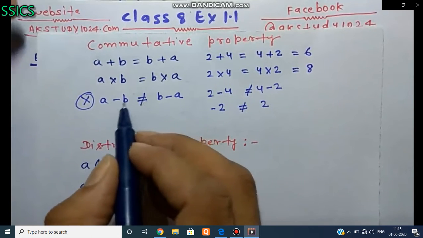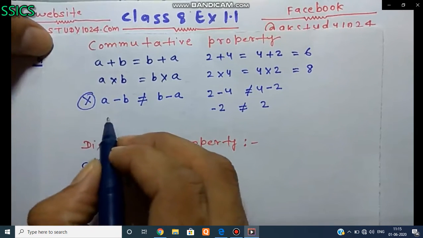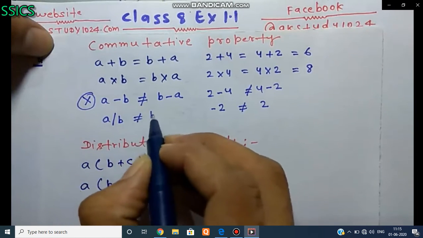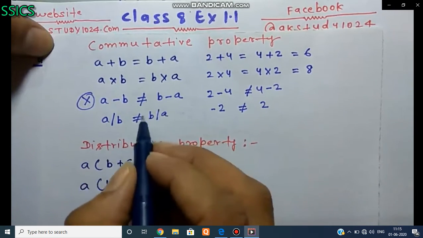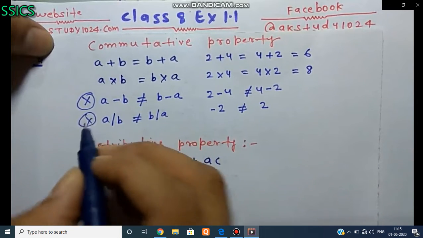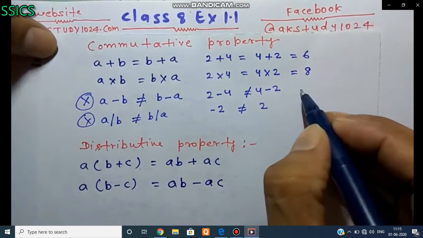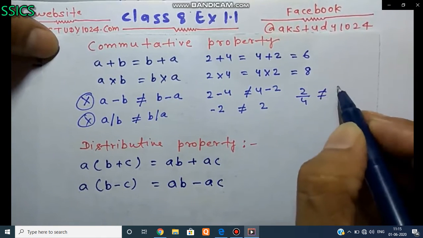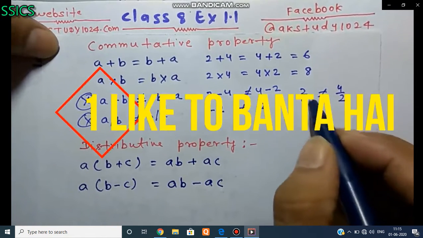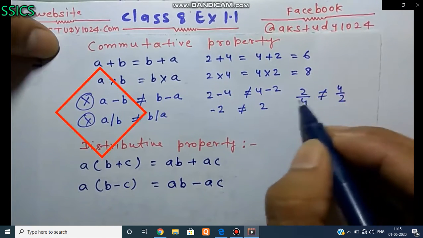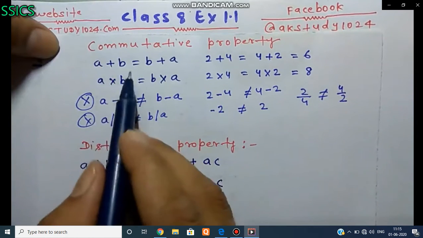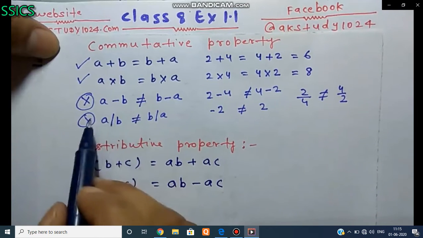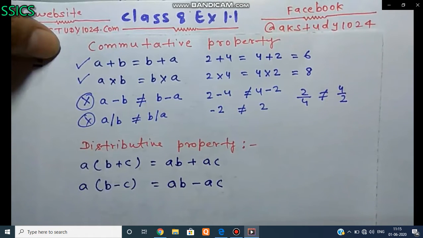In the case of division, a divided by b is not equal to b divided by a. For example, 2 by 4 is not equal to 4 by 2. So the commutative property is satisfied only for addition and multiplication, not for subtraction and division.